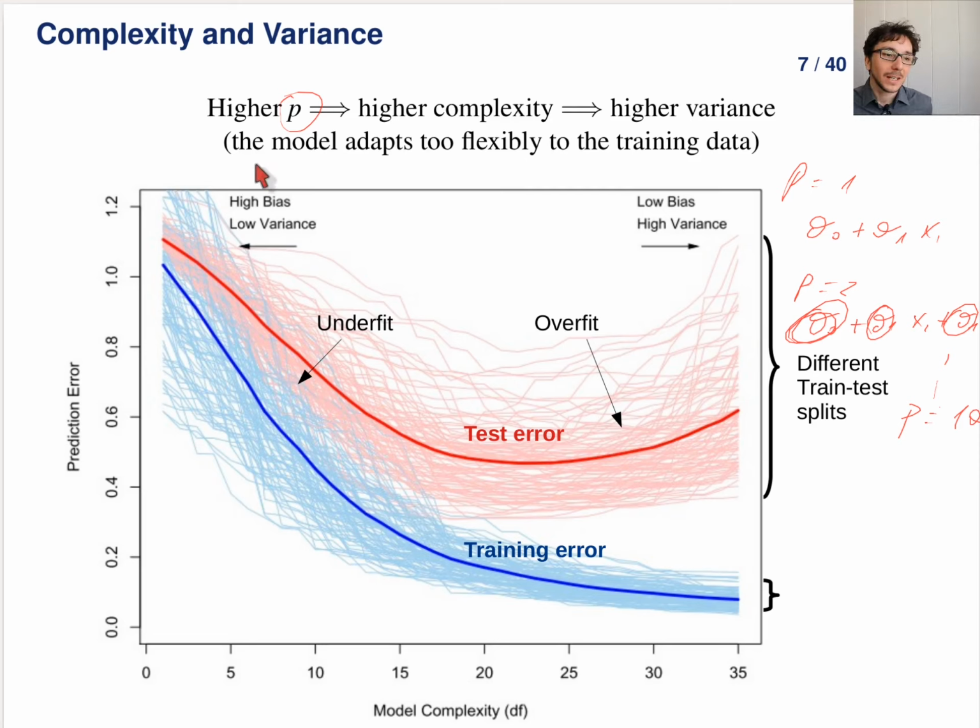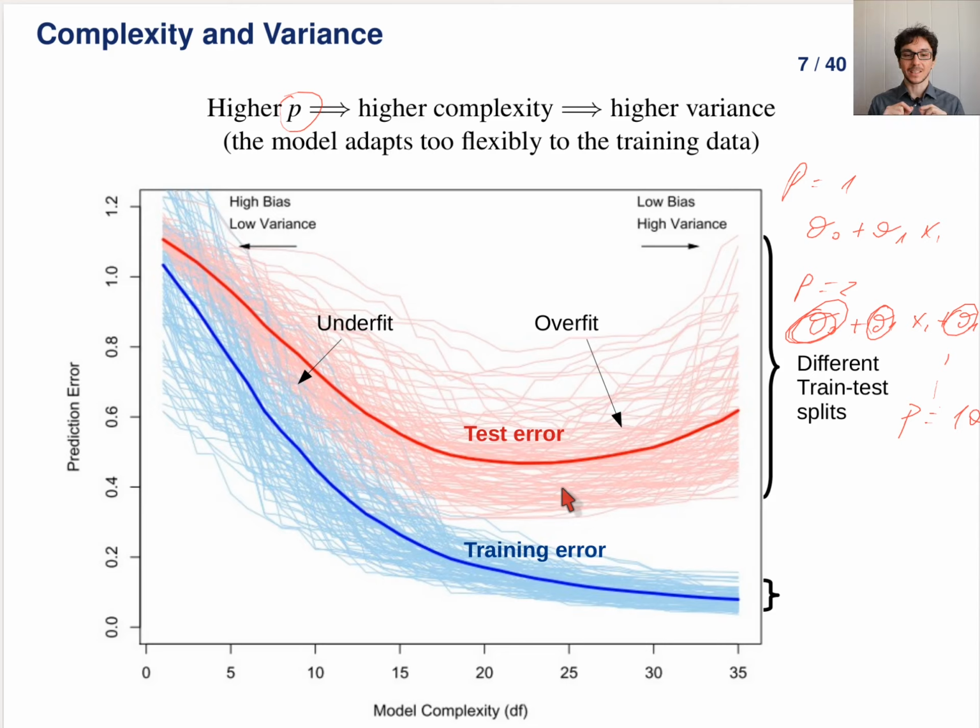We also observed that when p was equal to 1, we had a high test error, while if p was equal to 2, the test error was a bit smaller, which is good. But then, if we increased too much the p, the training error keeps decreasing, but the test error starts to increase. What does it mean? It means that the model is overfitting your data.